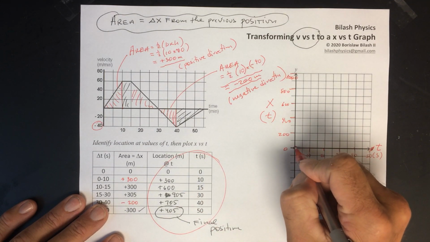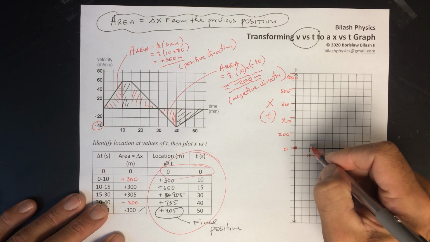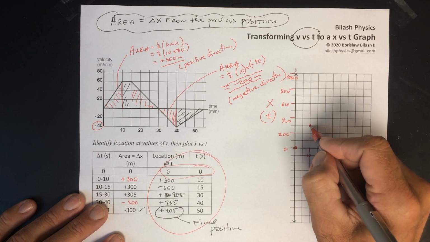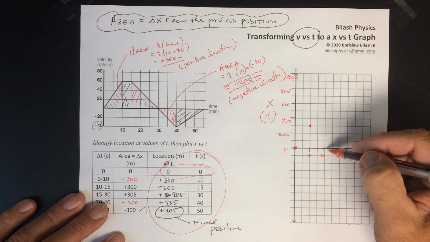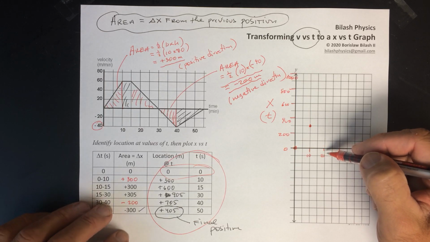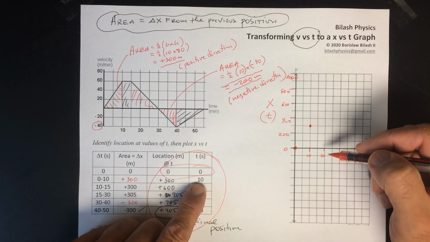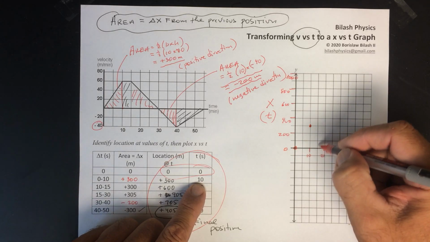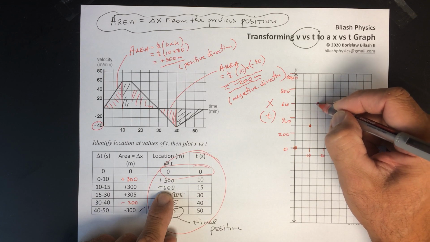Okay, so now I'm going to start plotting these numbers. We're going to start off at 0, 0, right? That's that data pair. And then at 10 seconds, we're at 300. That places it right there. I'll sketch the lines later. Let's plot all the dots first of all. So at 15 seconds, we are going to be at 600, so that would be right there.